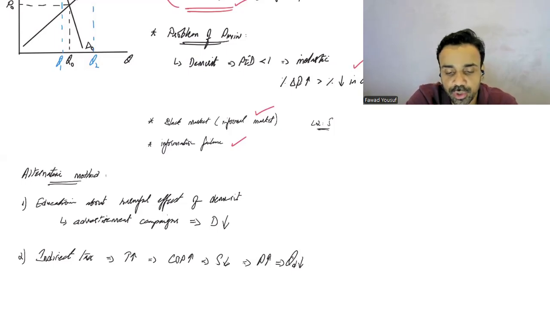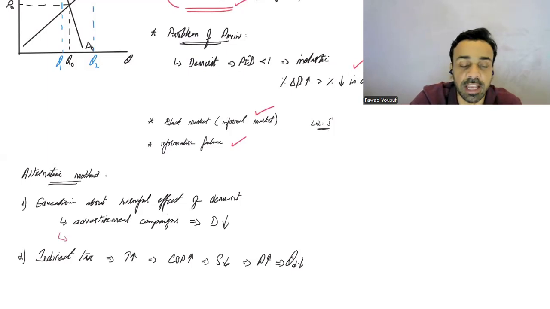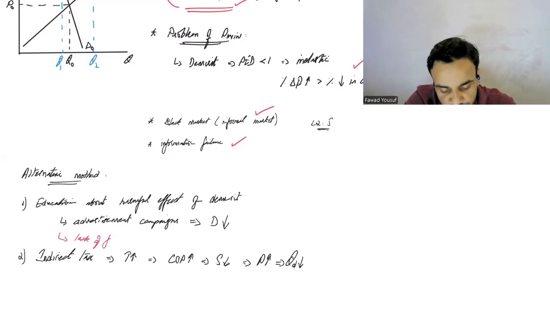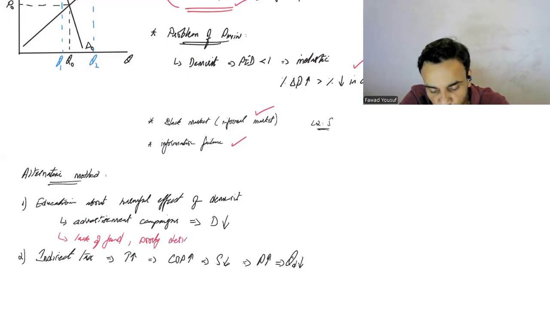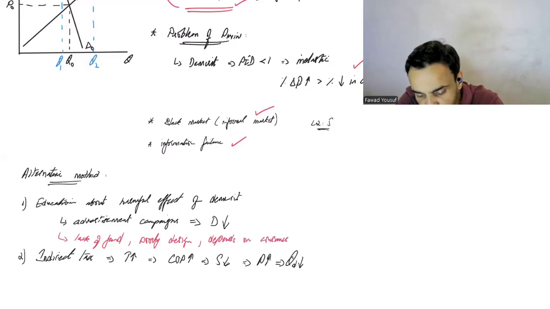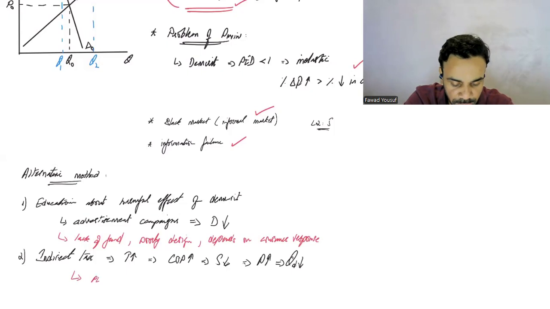I personally feel that you should always talk about the counter. एक छोटा सा मार्क डाल दो, बस एक छोटी सी एक्सप्लेनेशन डाल दो कि हाउ एडवर्टिजमेंट्स कैन फेल, मीनिंग दैट मे बी लाइक लैक ऑफ फंड्स, जिसकी वजह से यू कांट रीच इन मैक्सिमम मार्केट्स, और poorly designed, or even it depends on consumer response, something like that. और इसके अंदर इनडायरेक्ट टैक्सेस के अंदर तो हमेशा पीडी इन इलास्टिक का पॉइंट always works, right?